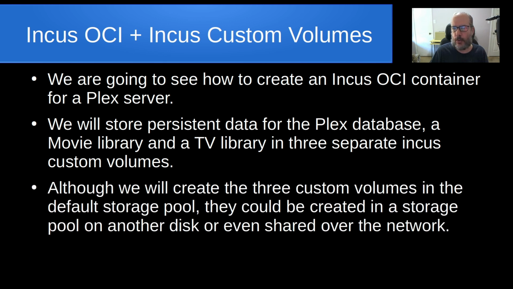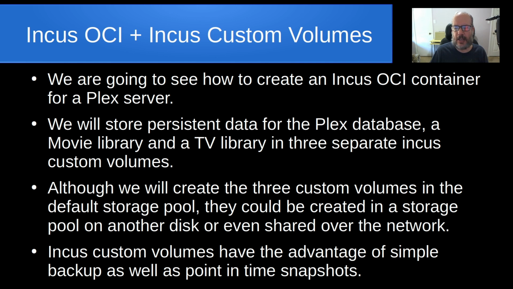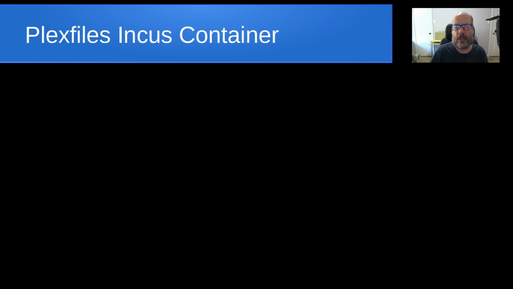Although we will create the 3 custom volumes in this default storage pool, they could easily be created in a storage pool on another disk or even shared over the network. I may talk about some of those alternatives in a future video if there's interest. Incus custom volumes have the advantage of simple backup as well as point-in-time snapshots, just like containers.